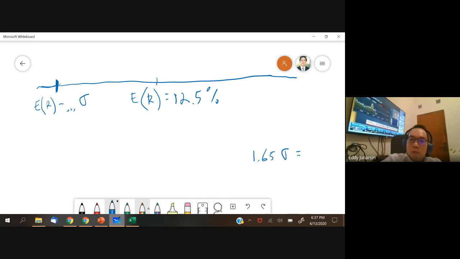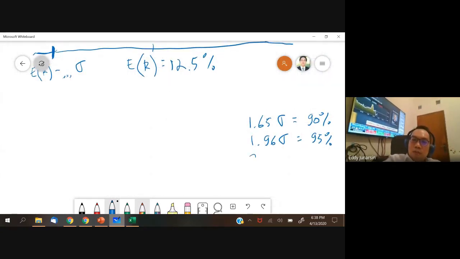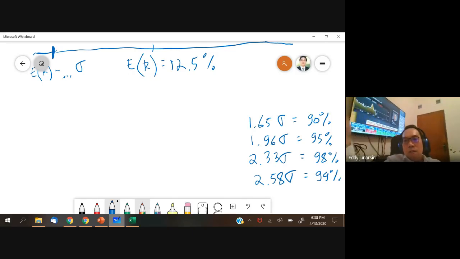This corresponds with a 90% confidence level. Then 1.96 is the 95% confidence level. And then maybe 2.33, this corresponds to a 98% confidence level. Then 2.58 shows a 99% confidence interval.